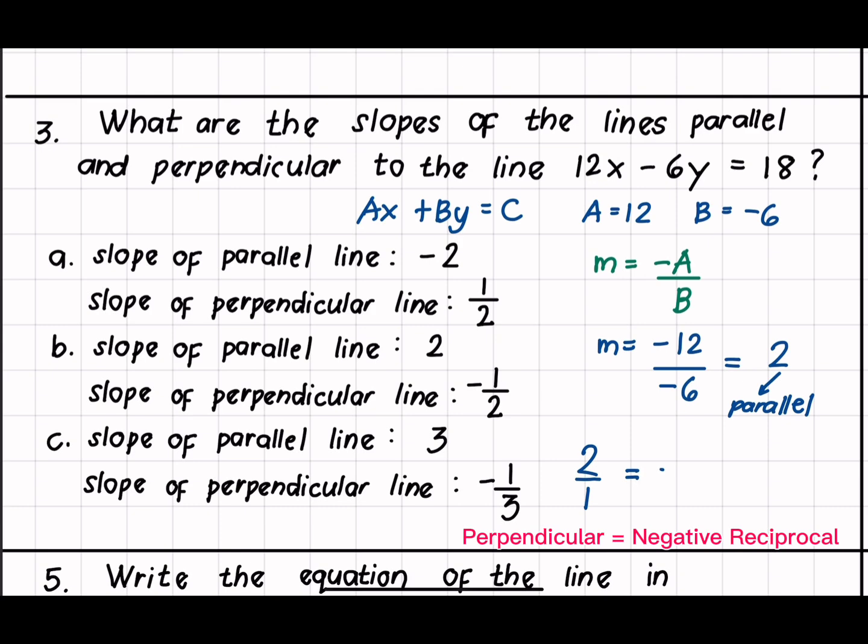So it will become negative, and then switch the numerator and denominator, it will become 1 over 2. So now, this is the slope perpendicular. Okay. So this is the slope of the parallel line, and this is the slope of the perpendicular line, which is letter B.